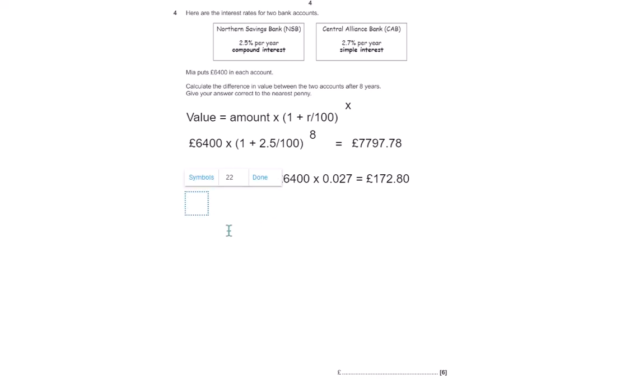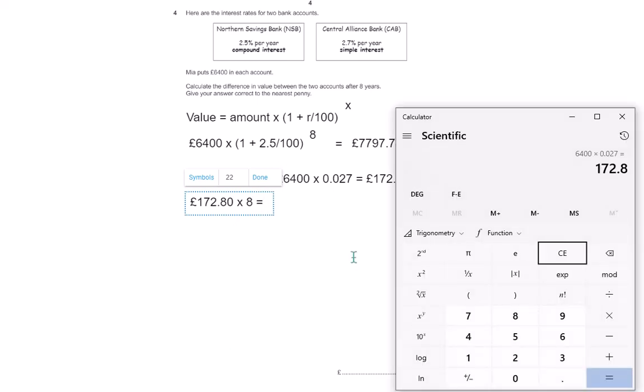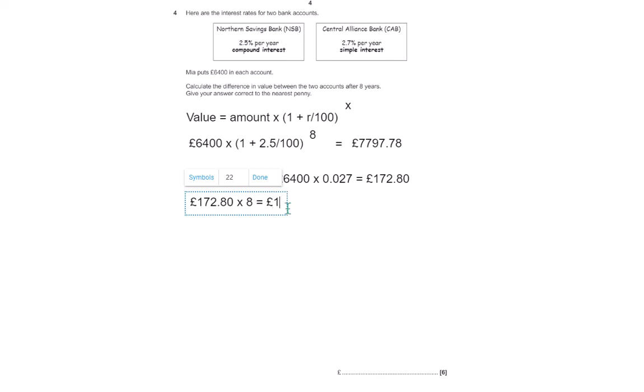So for 8 years of interest, we are going to have £172.80 times 8. Back to our calculator, as this question is on the calculator paper. We have a total interest of £1,382.40. So how much would she have in the Central Alliance Bank after 8 years?